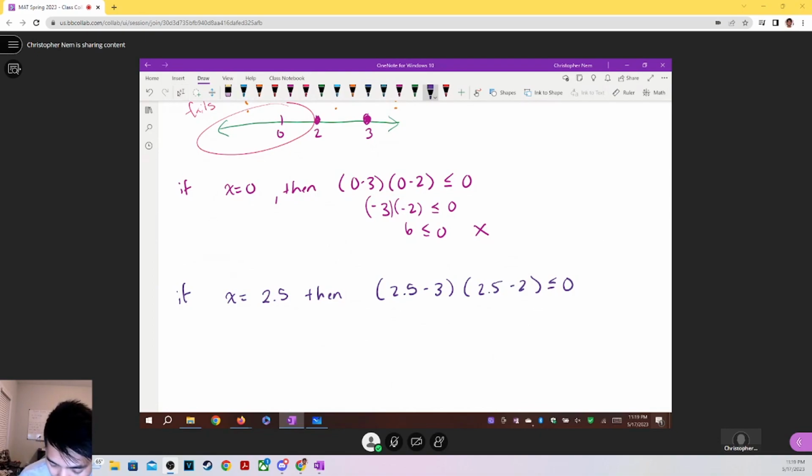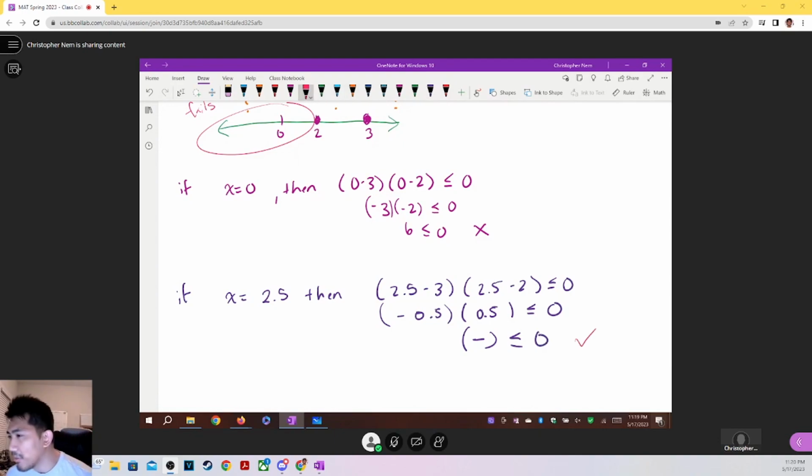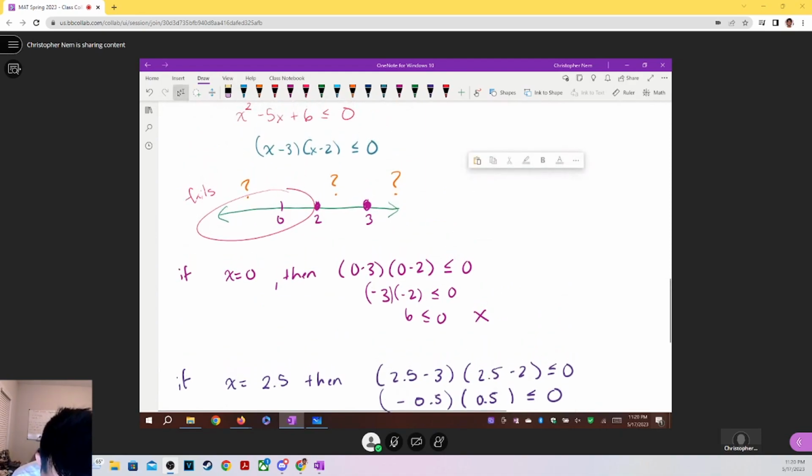So you can write negative 0.5. You can also calculate it out. And 2.5 minus 2, that's 0.5. If I multiply these out, a negative times a positive is a negative. I don't even need to calculate it out. A negative is less than or equal to 0. This is a true statement. I think it's negative 0.25 or something like that. But it's still less than 0, so this works. This is good.